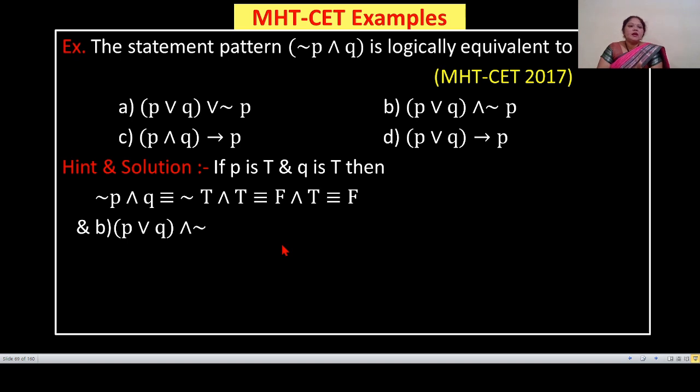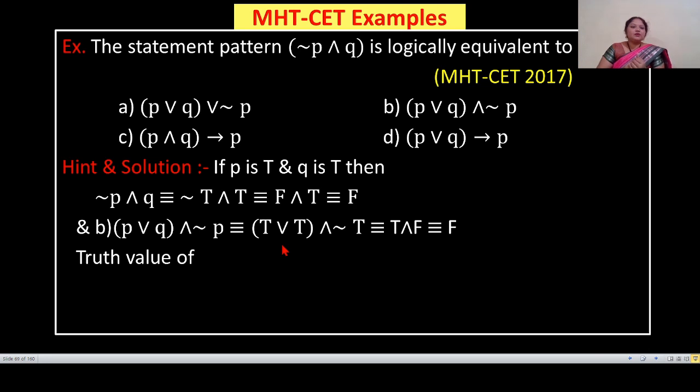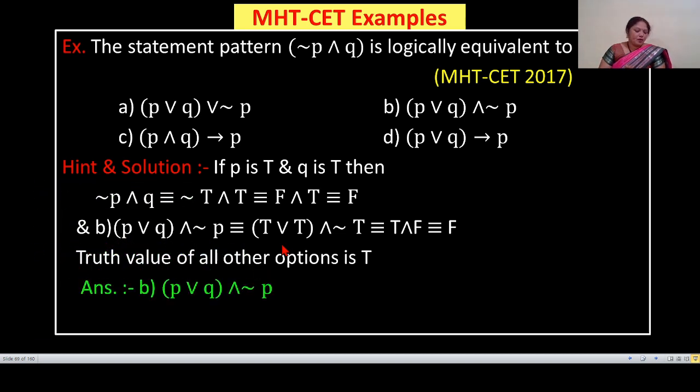And B option P or Q and negation P is logically equivalent to F. And truth values of all other options is true, and therefore answer is B option.